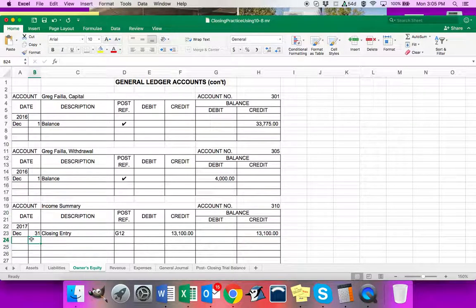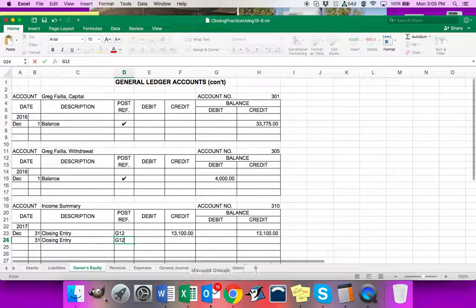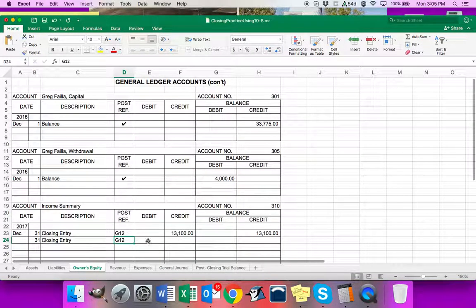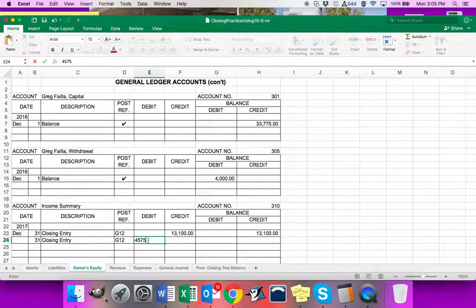Then you go back here, and on the 31st, we had a closing entry from G12, and this one was a debit of $4,575. Since this was a credit and we made a debit, we're going to subtract.